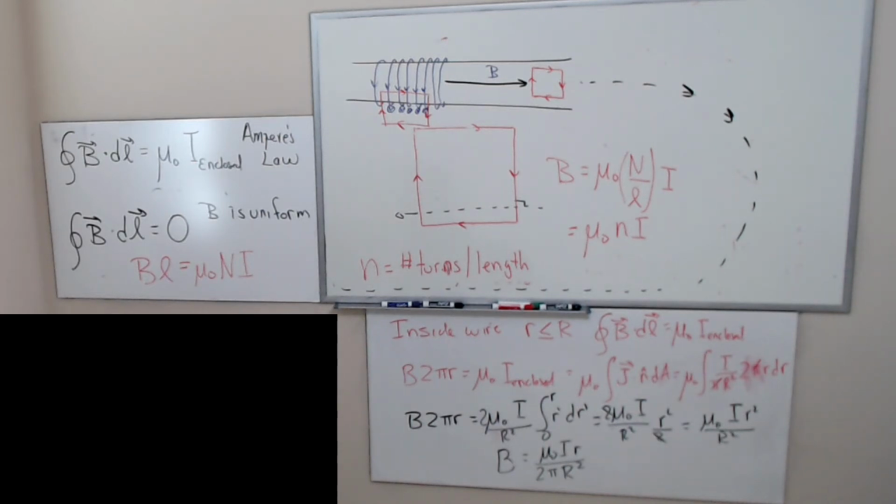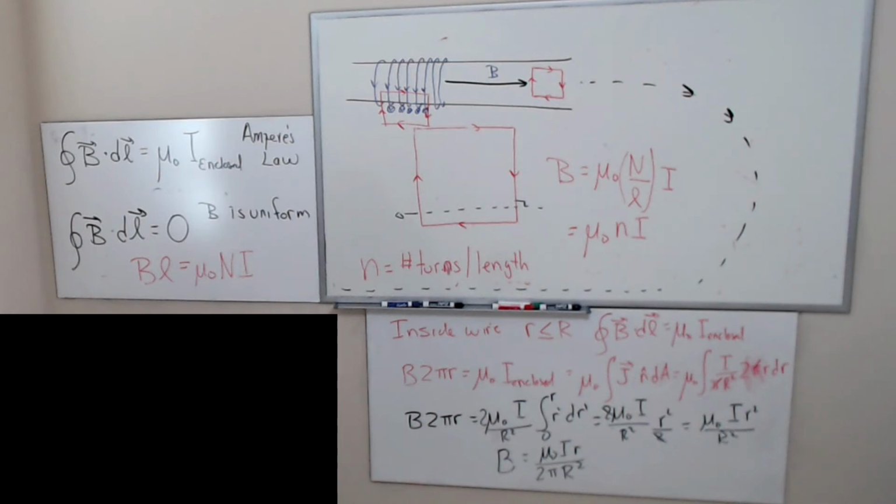I actually did the solenoid using the Biot-Savart law, which is fun. I did a finite solenoid and then I made it very long. I have this problem solved in your notes, and I don't have a video on it, but you can read through the notes.